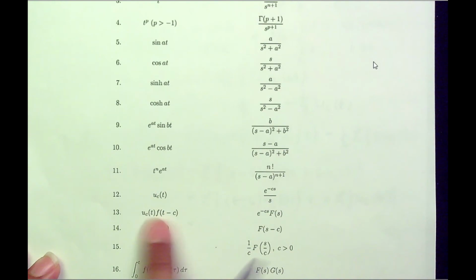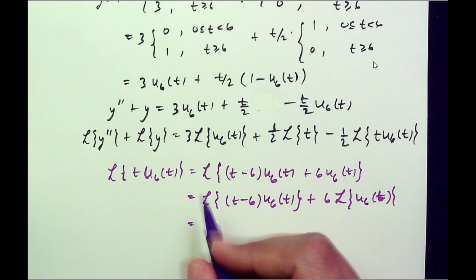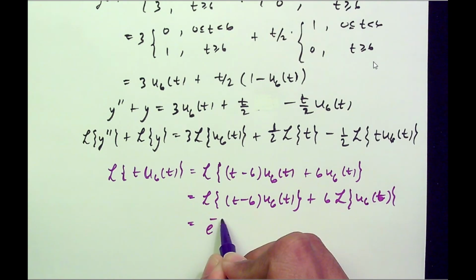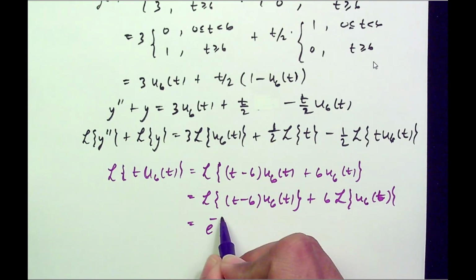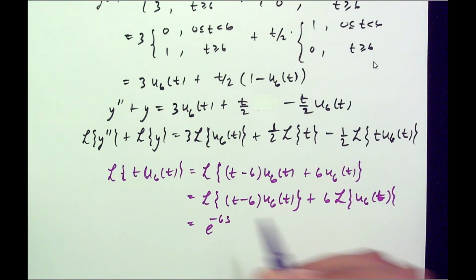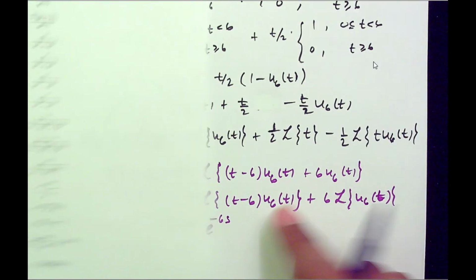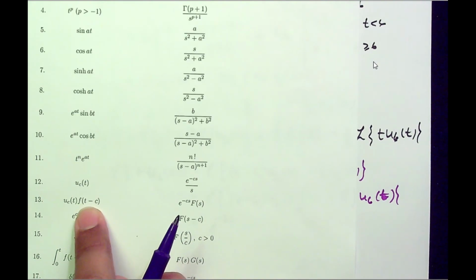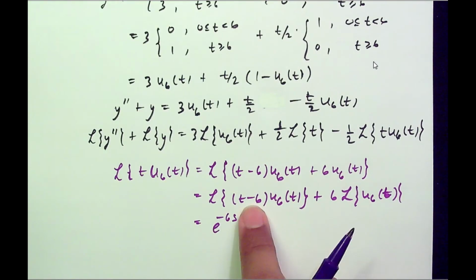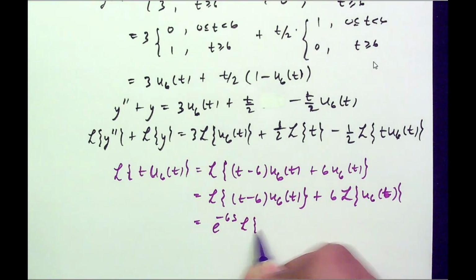So the Laplace transform of that is going to be e to the minus cs. The c is 6, so e to the minus 6s times the Laplace transform of the function without the translation, without the minus 6, times the Laplace transform of t.